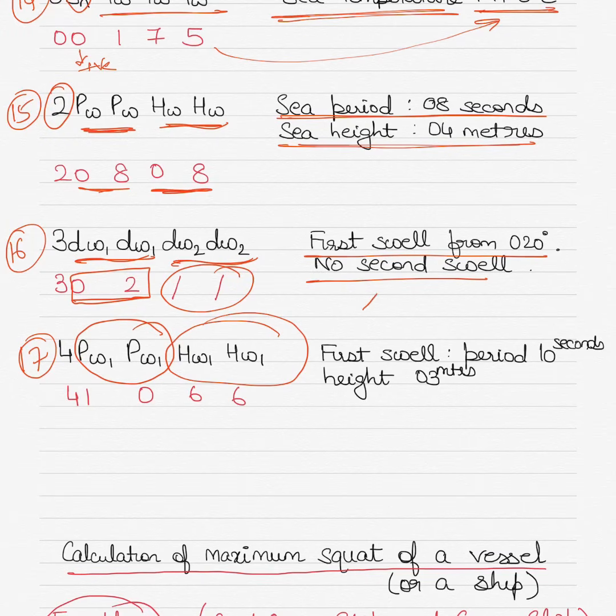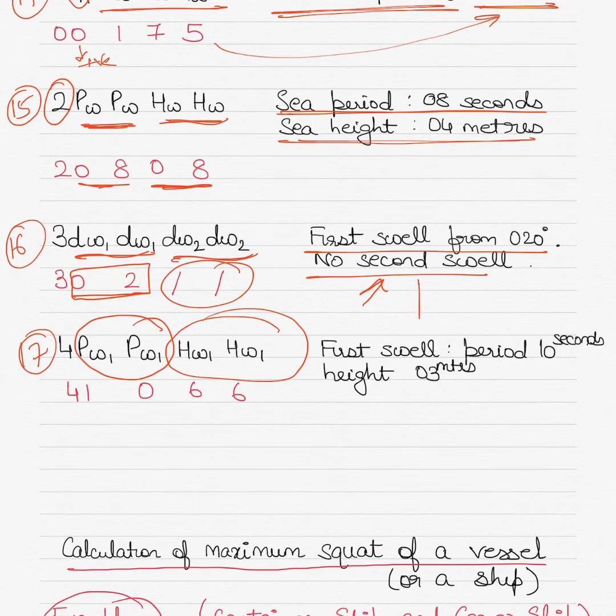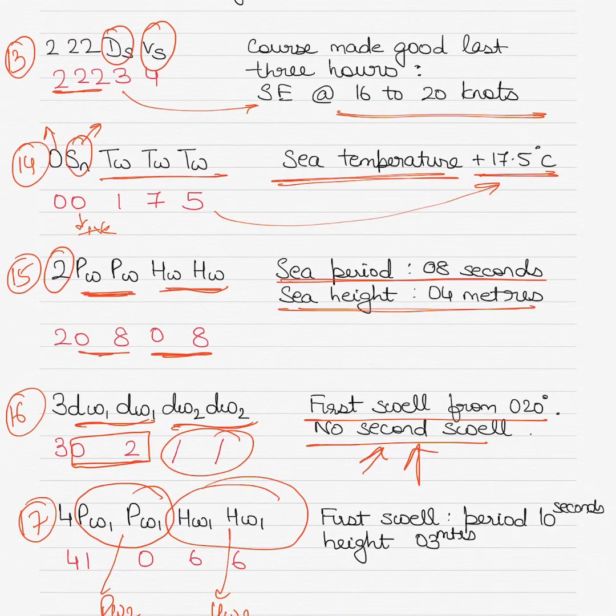And because there is no second swell here, there is no PW2 or HW2. If there was a second swell identified here, there would be a PW2 here, and a HW2 here as well, to identify the period and the height of the second swell. So that's pretty much it. It's pretty straightforward, guys. I hope you understood it.